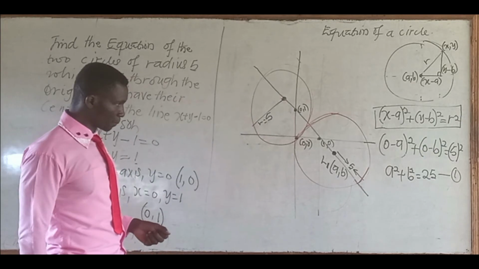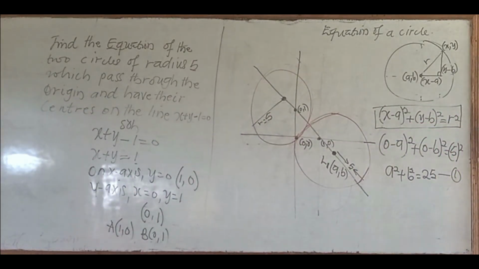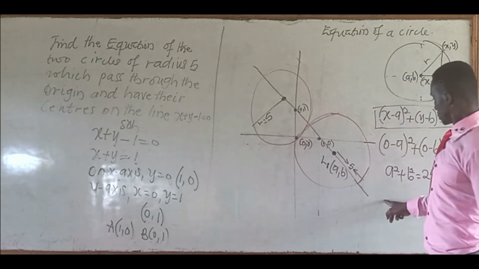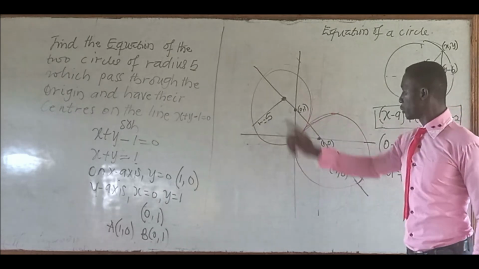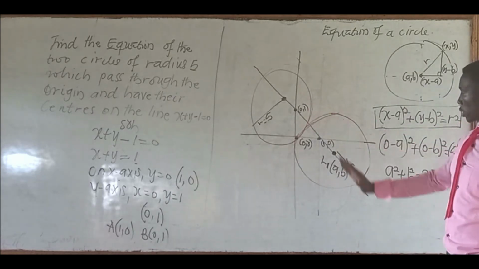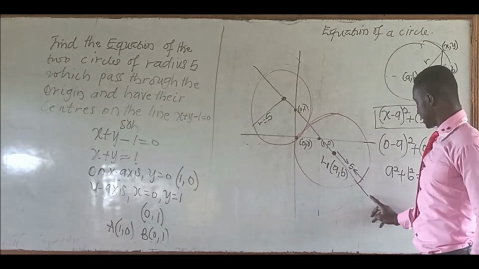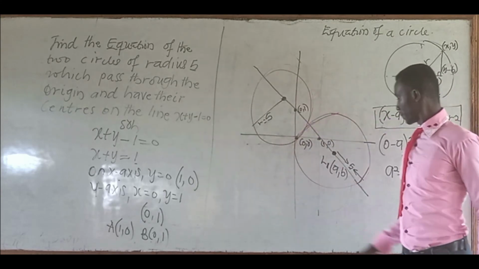Now, what is very important to consider again is that the center (a, b) lies on this line, because according to the question, the circles have their centers on this straight line.